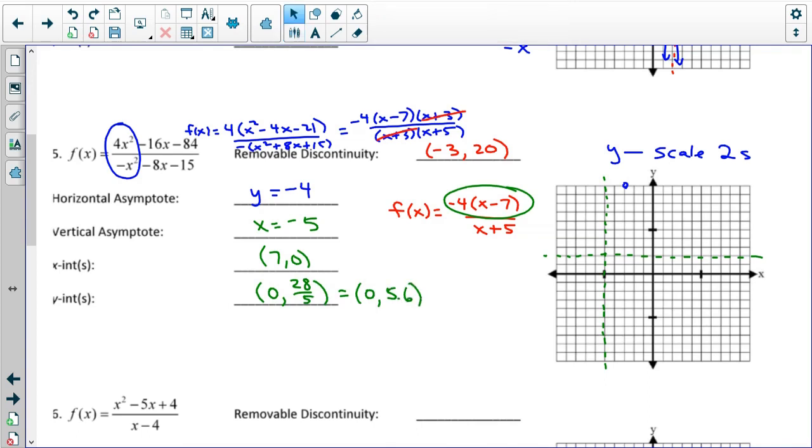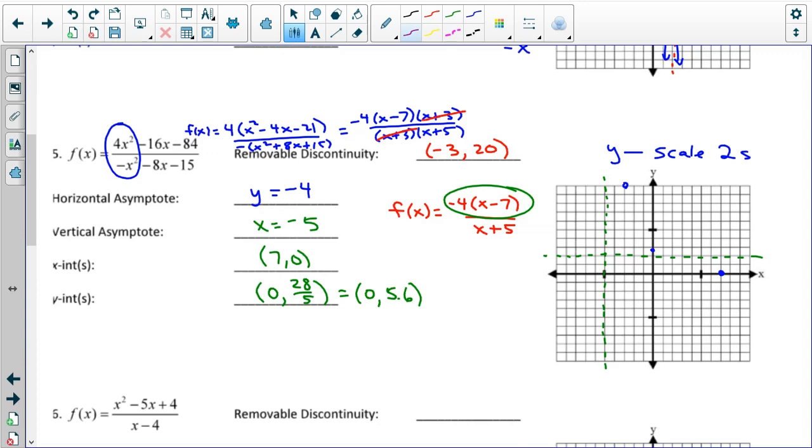So I know that I have a value of the graph at 7, 0. I also have one at 0 comma 5.6. So 0 comma 5.6 is somewhere around there.